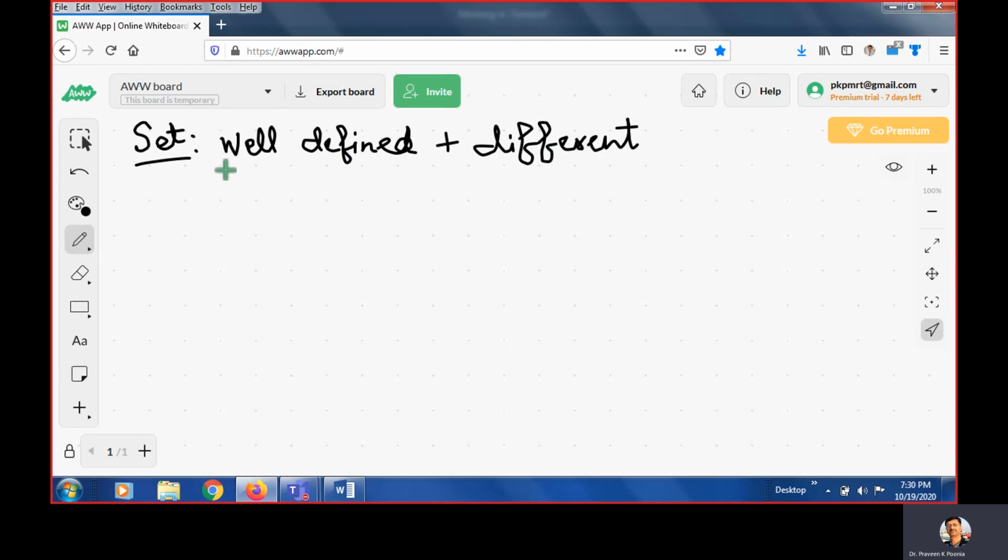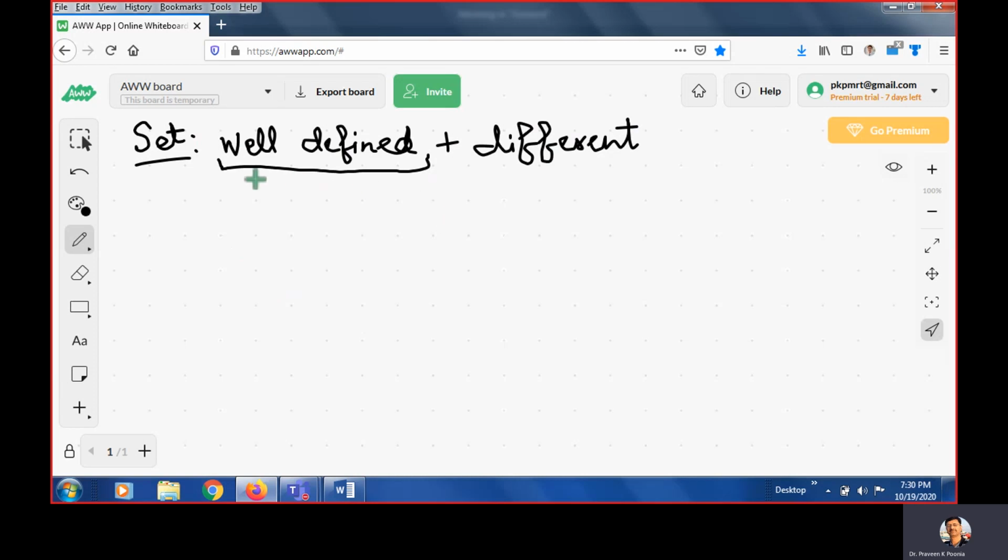A set is a collection. Collection means there are many things in it. But what many? It should be well defined. Well defined means it should be of one type of category. A set may be of numbers, of English alphabets, of fruits, of capitals of various countries, or of countries.